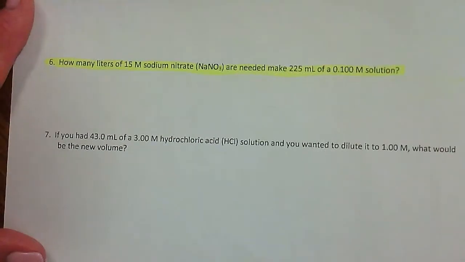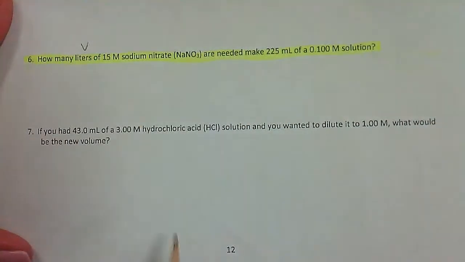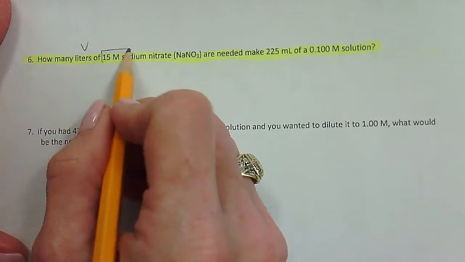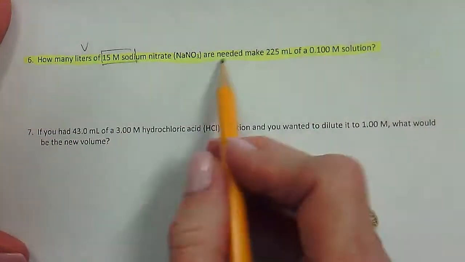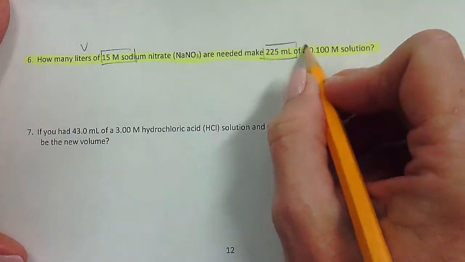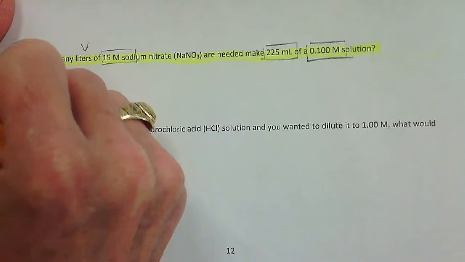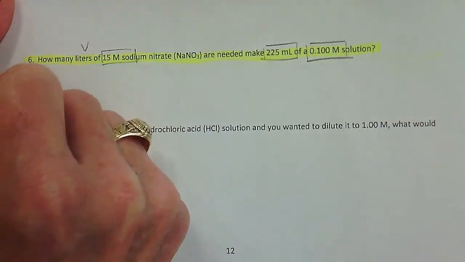Number 6. How many liters? I'm looking for a volume. How many liters of 15 molar sodium nitrate are needed to make 225 milliliters of a 0.1 molar solution? So I know I'll need M1, V1, M2, V2.